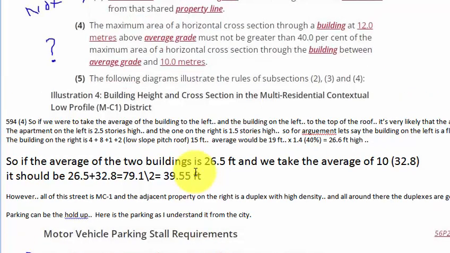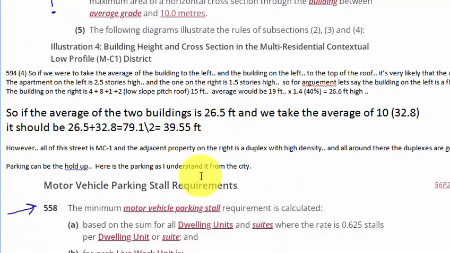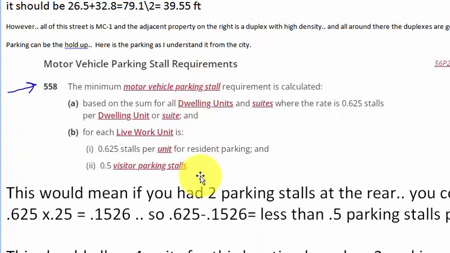Now, all of that, as far as number of units, parking is a really big part of the equation with all of this. And there are some special requirements here on parking. So the minimum, 558 says, minimum motor vehicle parking calculated as 0.6525 stalls per dwelling unit.